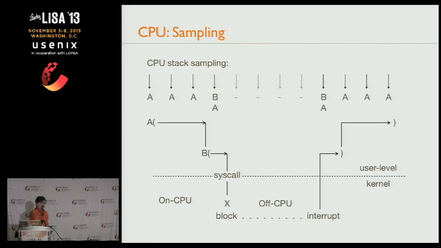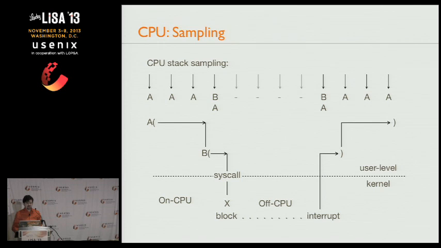CPU sampling, if you're new to that, is very simple. I have a timer interrupt. It wakes up every interval and then samples the stack that's happening. I've drawn this flow, a time series of what your software might be doing. Function A runs. It calls function B. Function B goes into a system call that happens to block, maybe waiting on disk I/O or network I/O.